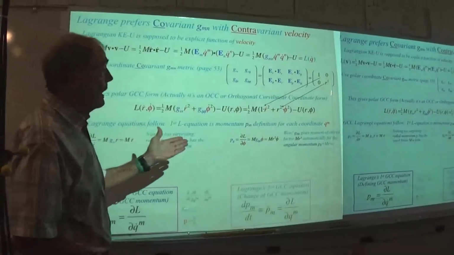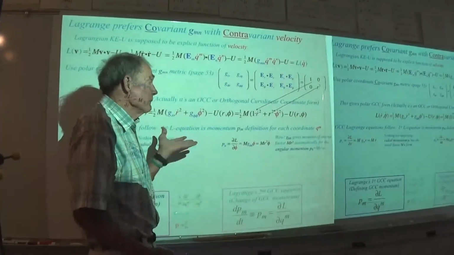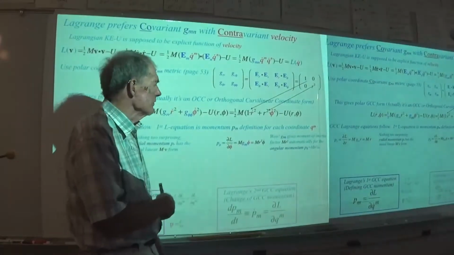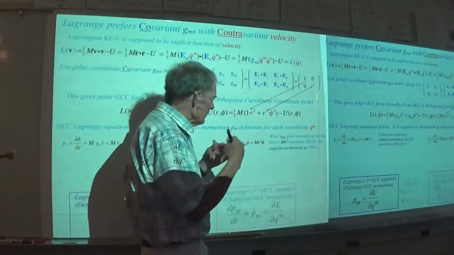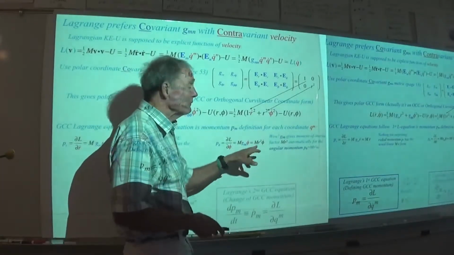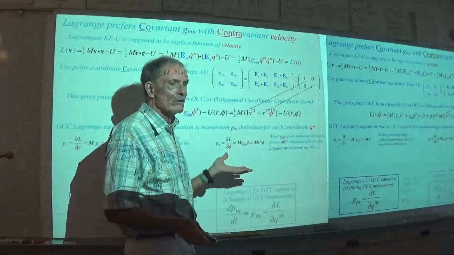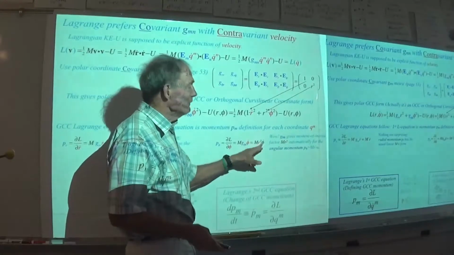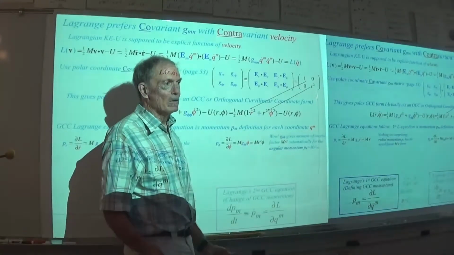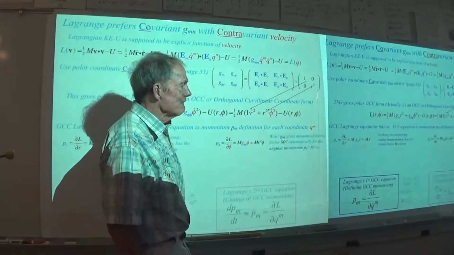And this one is a wow. If this is the first time you've seen this, and you've gone through sophomore physics wondering what the heck this funny inertia, m r squared, is, well, that's where it comes from most easily. There's m r squared phi dot. That's angular momentum. Bingo. Really neat.